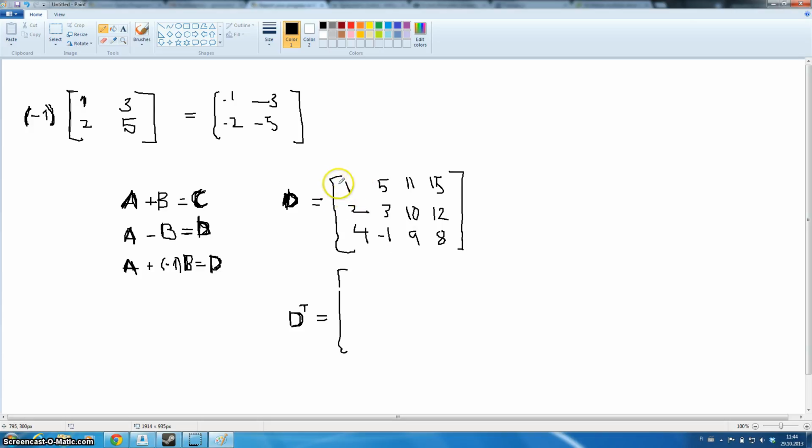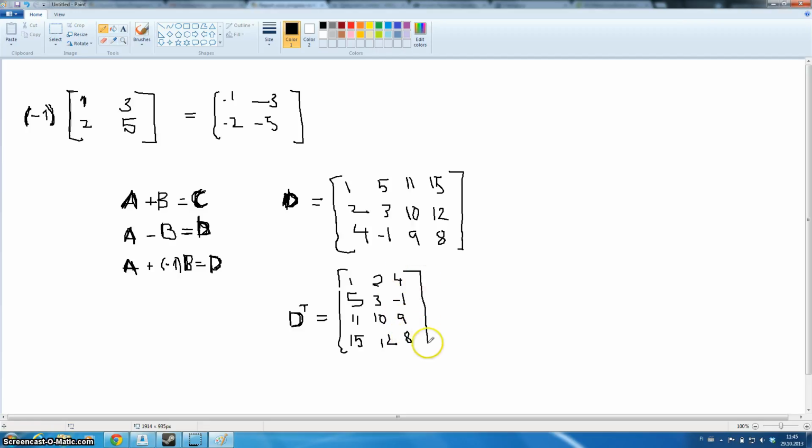So when we have a first row here, 1, 5, 11 and 15, the transpose of D has that row as a column, and then the second row is the second column, so 5, 2, 3, 10 and 12, and then the third row is the last column.